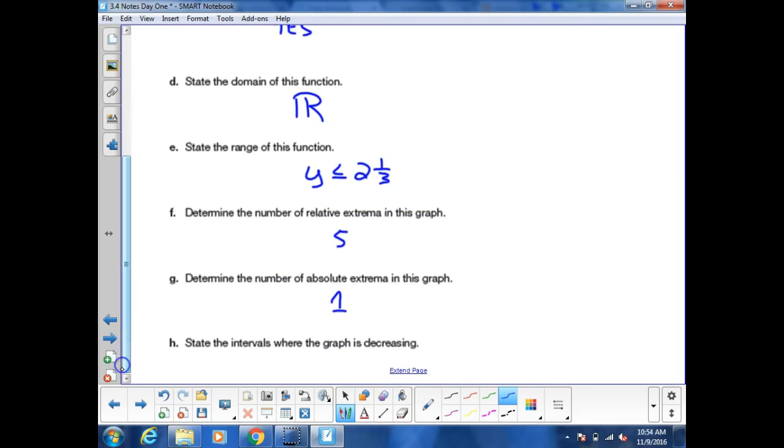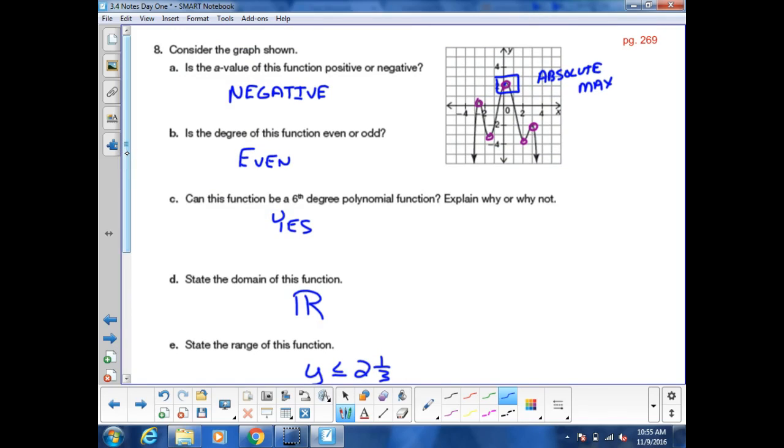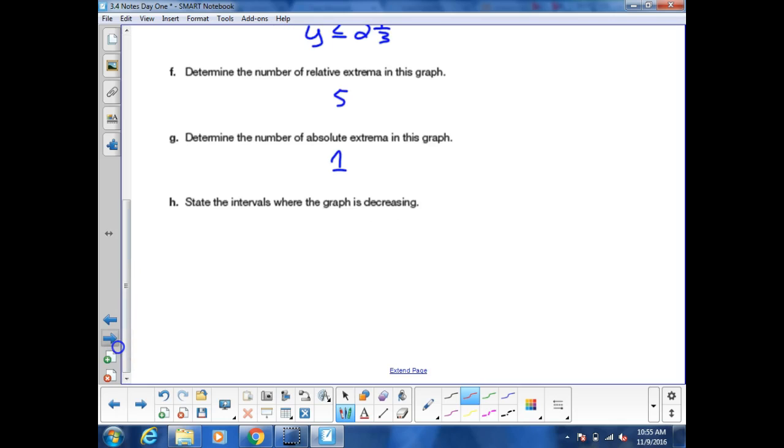Okay? Then now it's asking state the intervals where this graph is decreasing. So again, as I'm working left to right, now I'm looking for where my pen or pencil or finger is going down, decreasing. So that would be here, and then here, and then here. Not looking at y values there, I'm looking at x values because I'm working left to right.